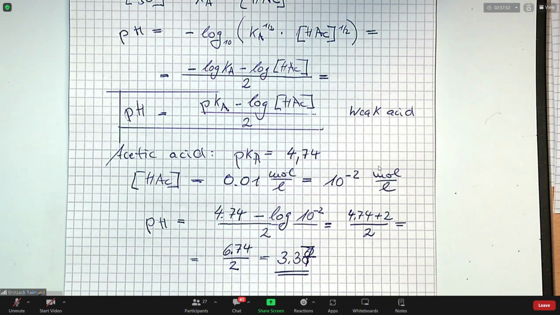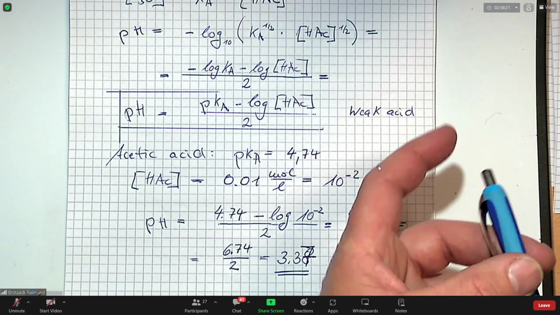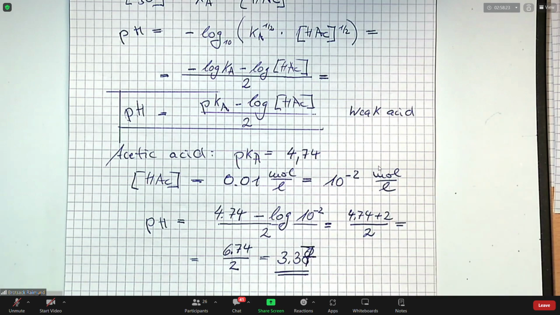And it is always a factor of 10 because it's a logarithmic scale, meaning a pH of 2 compared to a pH of 3 means 10 times more H plus ions. One pH step is 10 times more or less in the H plus ions.